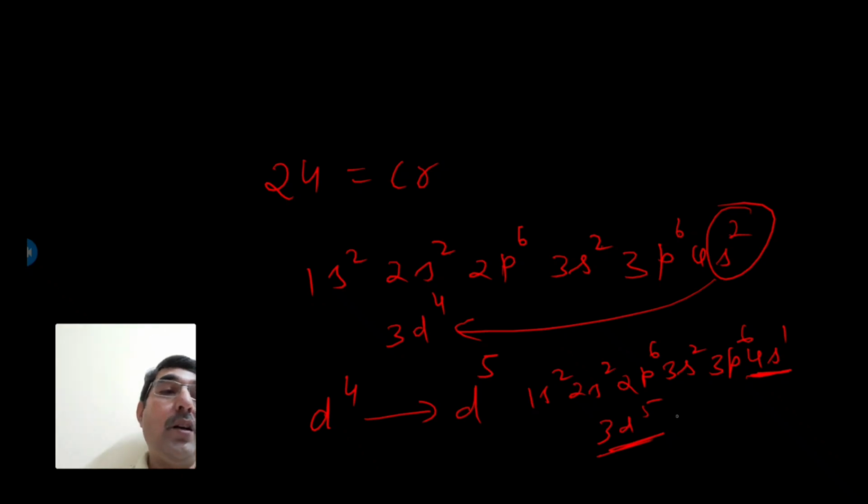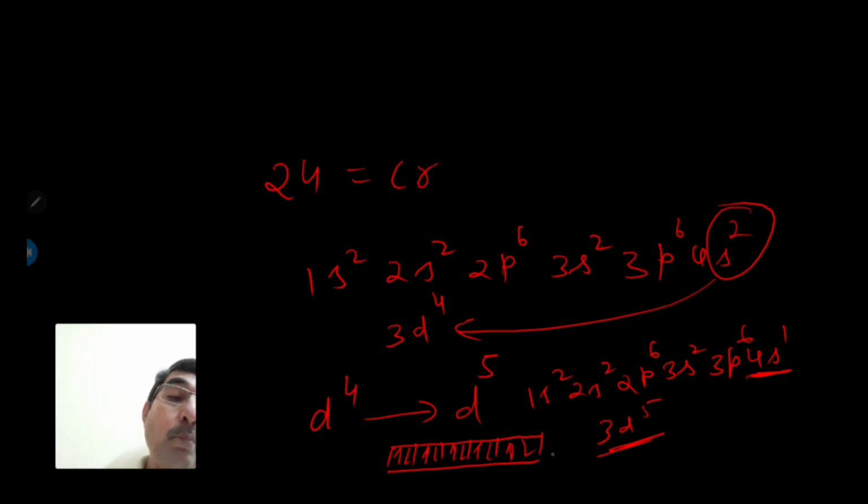Why is it so? Because the d subshell has 5 orbitals and each orbital can have 2 electrons. This is one, second orbital, third, 4 and 5. So each orbital can have 2 maximum.